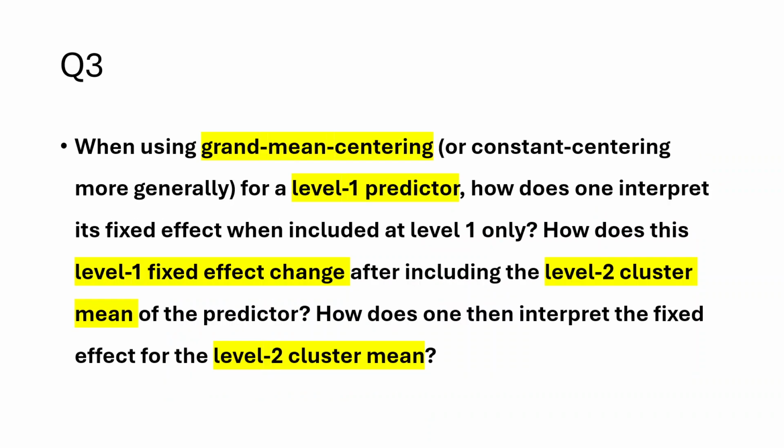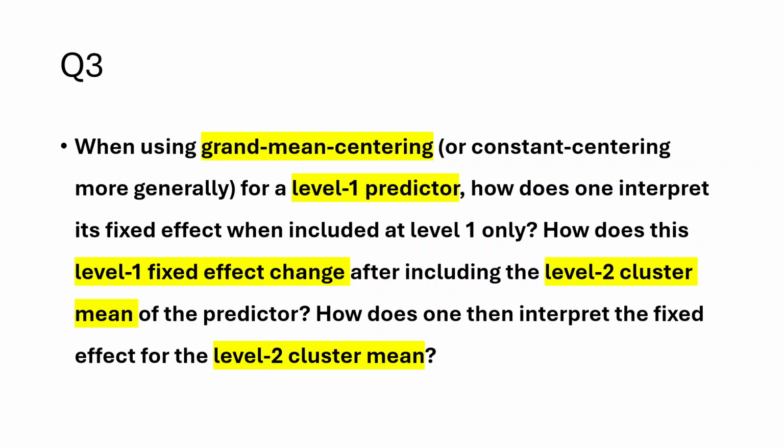And then going on to the next question about grand mean centering. If you're grand mean centering or constant centering for a level 1 predictor, how would you interpret the fixed effect when only including the level 1 predictor? So I would first ask, what is in a level 1 predictor generally? Everything.